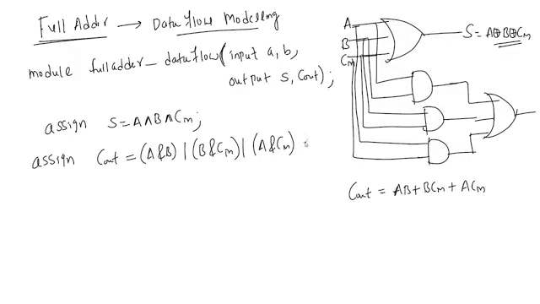I am using this, and next end module. Okay. So like this, for every combinational circuit and sequential circuit, you can use this data flow model. Is it fine? Did you understand how I am using the data flow modeling? Any doubts or queries?